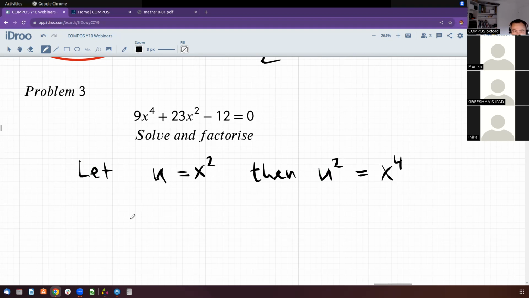So the equation can be written as 9x⁴, which is 9u², plus 23u minus 12 equals 0.